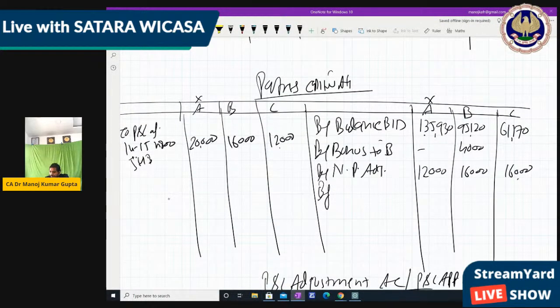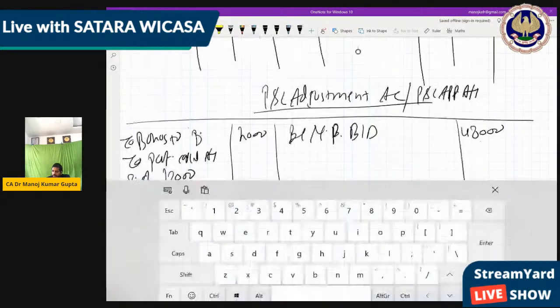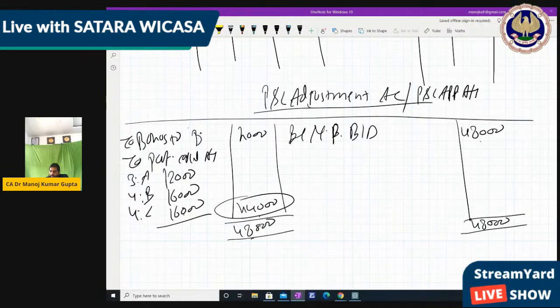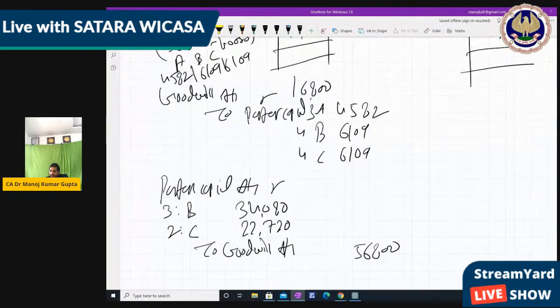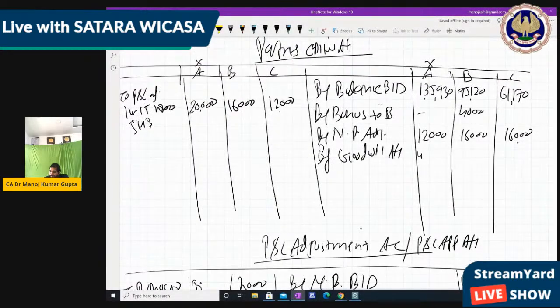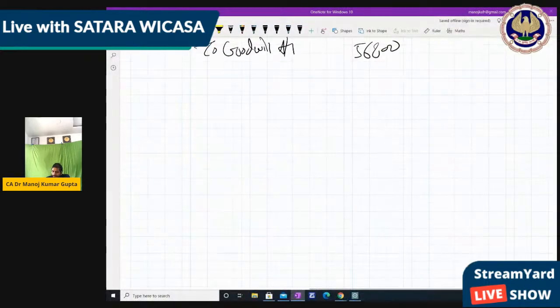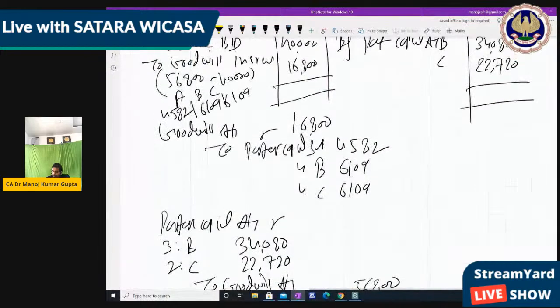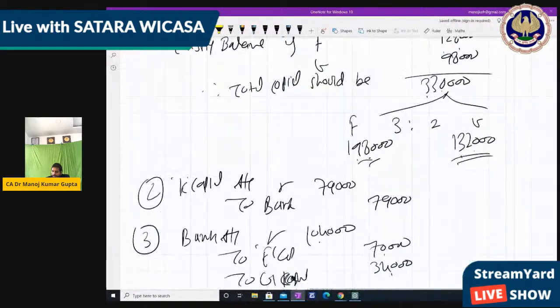At the time of raising goodwill, what is the amount? 4,582, 4,582, then 6,109, 6,109.